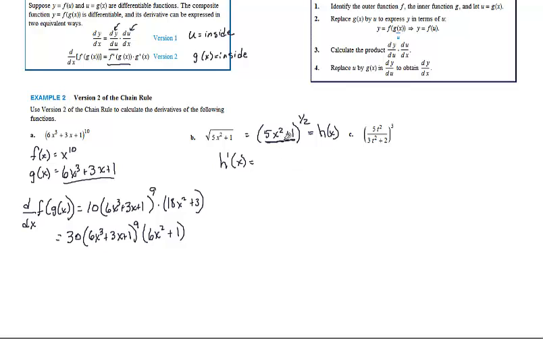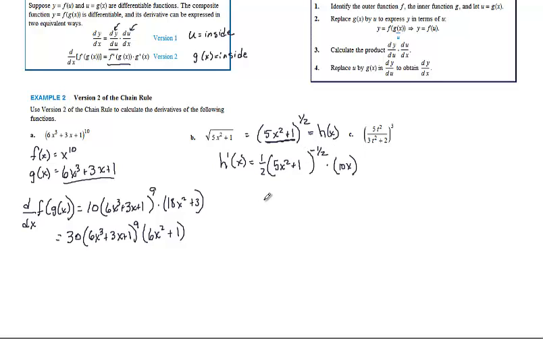So I'm going to take the derivative of the outside, which is 1/2, leave the inside alone, subtract 1 off of that power. So I'm going to leave the inside alone here. That was 5x squared plus 1 times the derivative of the inside, and the derivative of the inside is 10x. And that's it, because the 1 drops there.